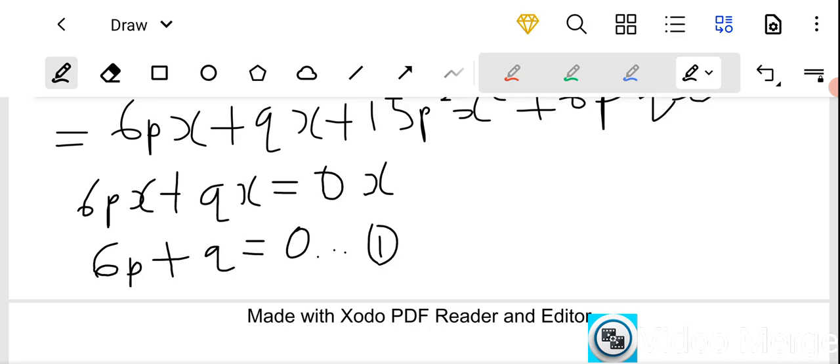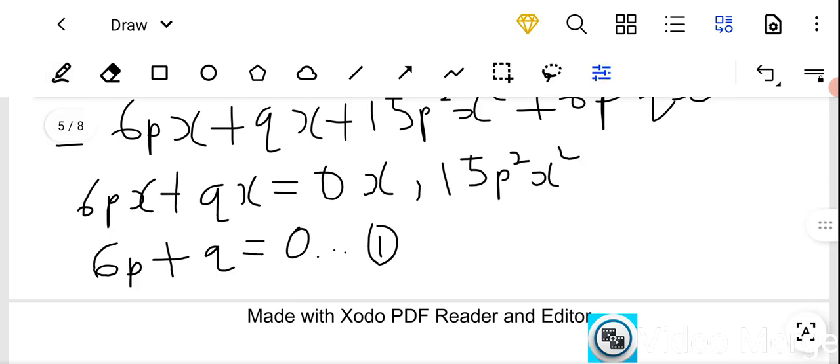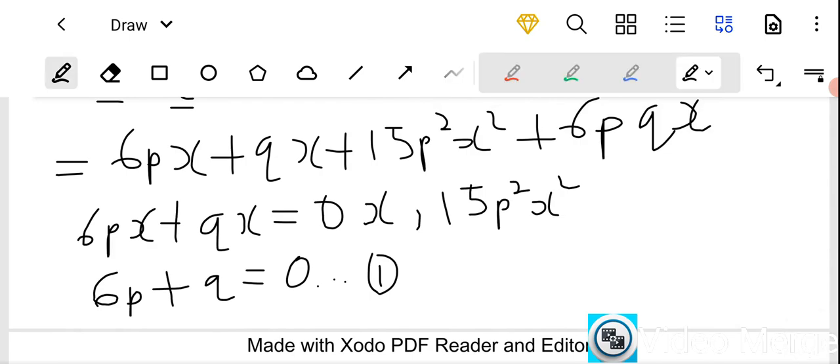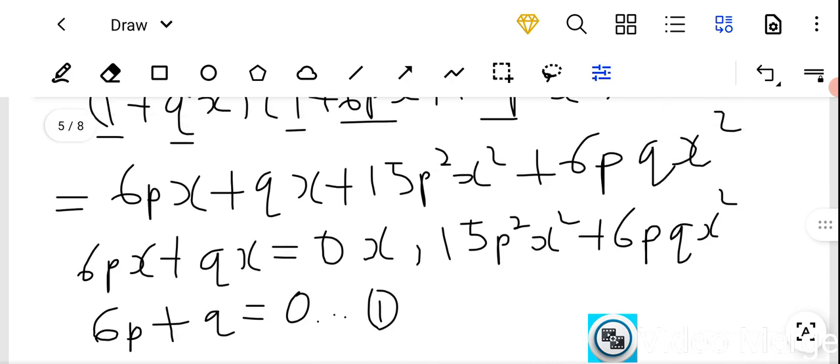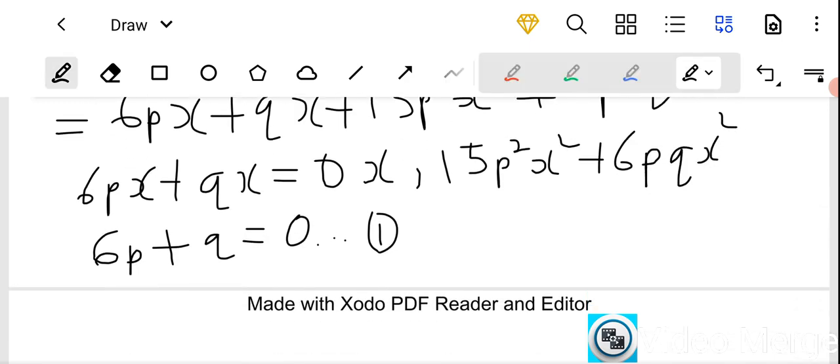And then we'll also have a 15p squared x squared, as we can see up there, then plus 6pq x squared, and then we'll say is equal to negative 21 x squared.